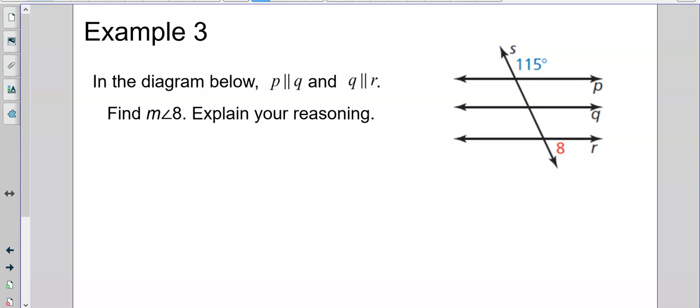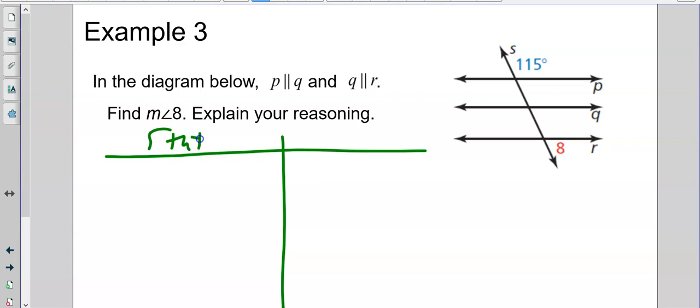All right, in the diagram below, P is parallel to Q, and Q is parallel to R. So right off the bat, we have our given statements. P is parallel to Q, and Q is parallel to R. So those are both given.